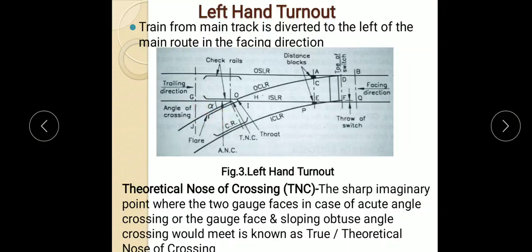With this angle alpha we can see a sharp point, which is called the theoretical nose of crossing.